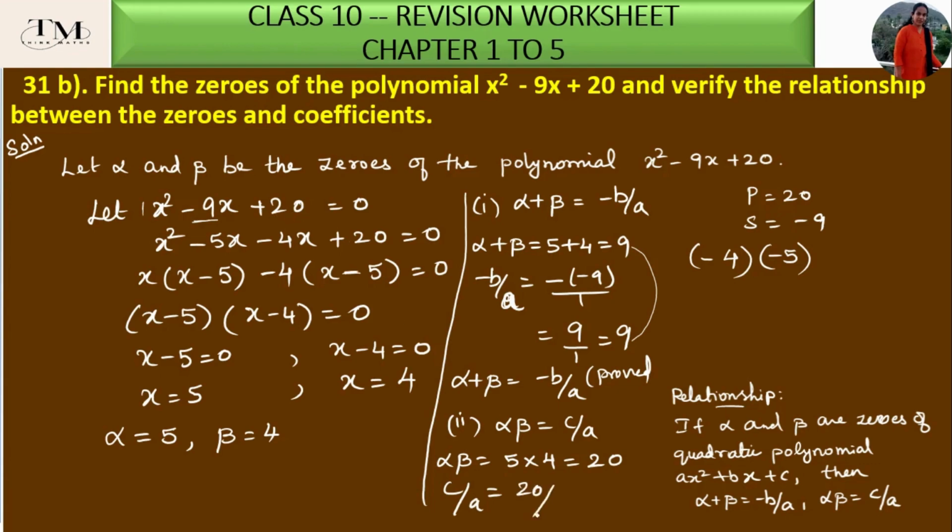So 20 divided by a. The coefficient of x square is 1. So it is equal to 20. So we got the second relation also proved. Alpha beta equal to c by a. So we have verified the relationship between alpha beta, that is zeros, and coefficients.